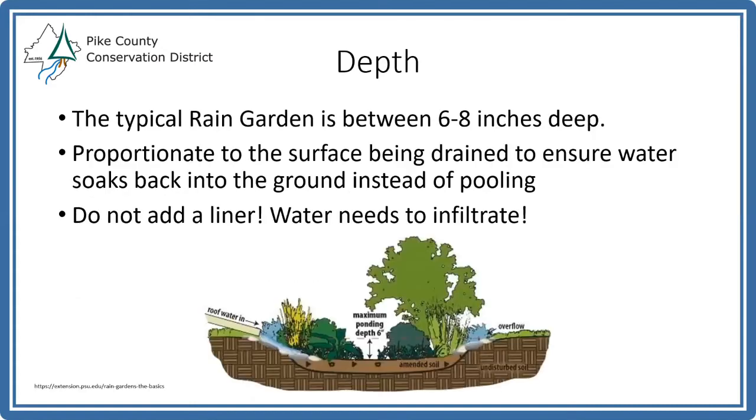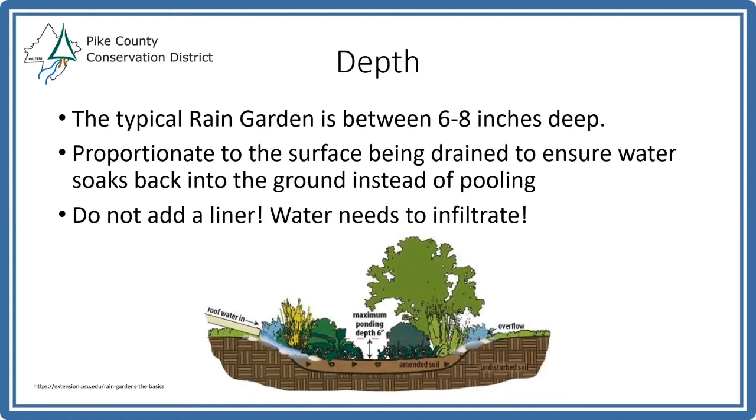The other really important consideration with a rain garden is the depth of your garden. The typical rain garden is between 6 to 8 inches deep, but it's also proportionate to the surface being drained to be sure that the water soaks back into the ground instead of pooling. So you want to pick a depth that is proportional to how much water you're getting in the area that you're planting it.